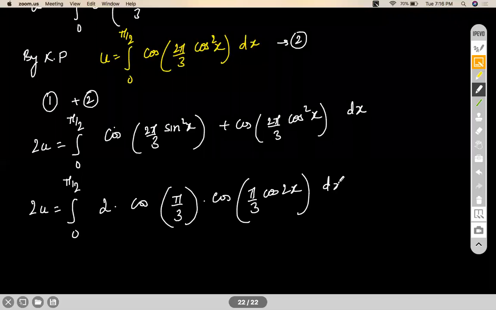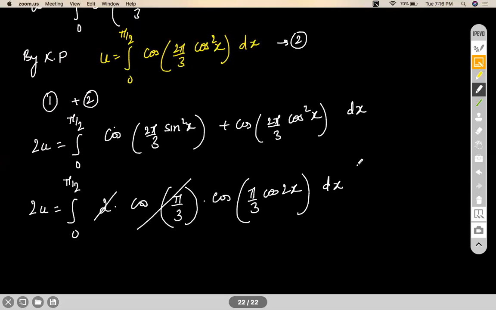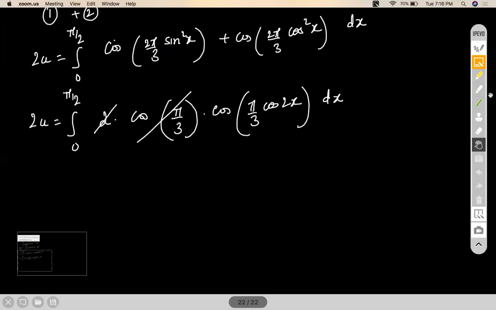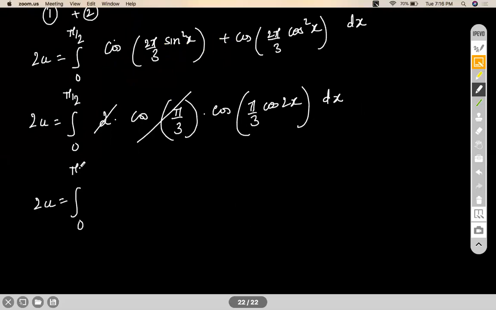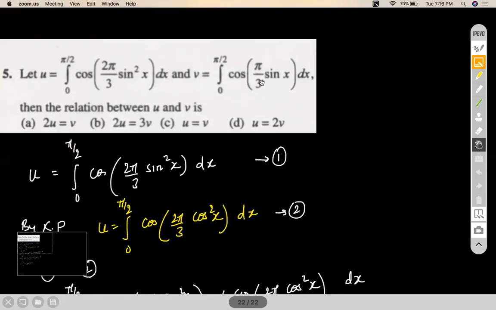Correct me if I'm wrong. Cos pi by 3 is half, so that will get cancelled with this 2. So you will end up getting 2u is equal to the integral from 0 to pi by 2 of cos of pi by 3 cos 2x. Let us see how close we are to the expression. Oh, pi by 3 at least we have got, so we have to get sin x here.